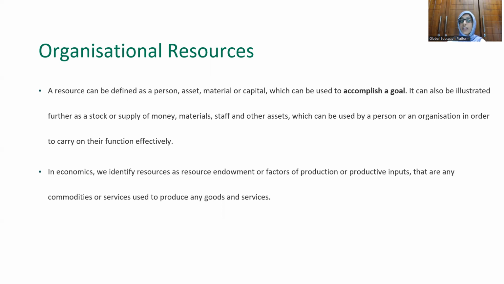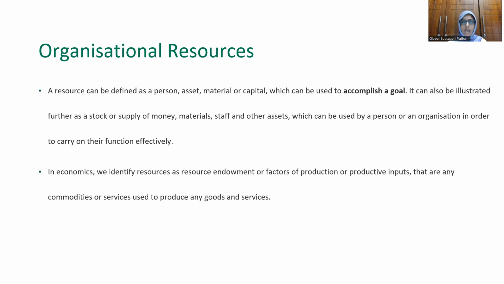In economics, we generally call it a resource endowment of factors, or the factors of production. That is the word that we generally use. These are considered commodities or services used in order to produce any type of good or service.